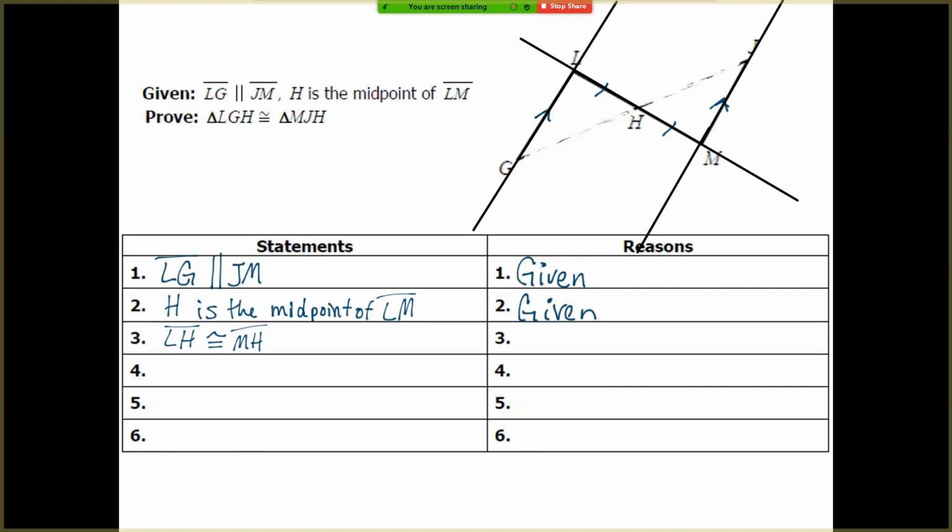So now we're going to focus on our parallel lines. I've kind of edited our picture to make it easier to see. We have two parallel lines being cut by a transversal. This angle right here and this angle right here, both of them are inside that triangle. What kind of angles are these?